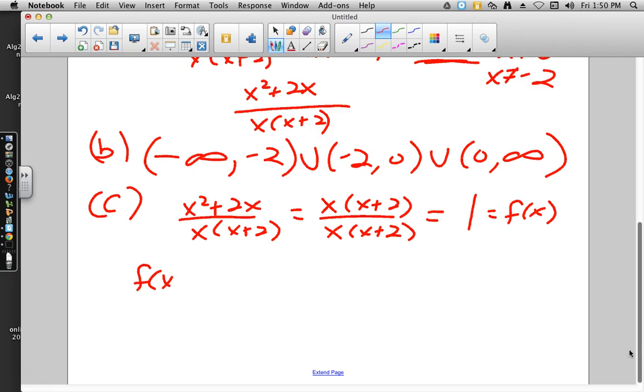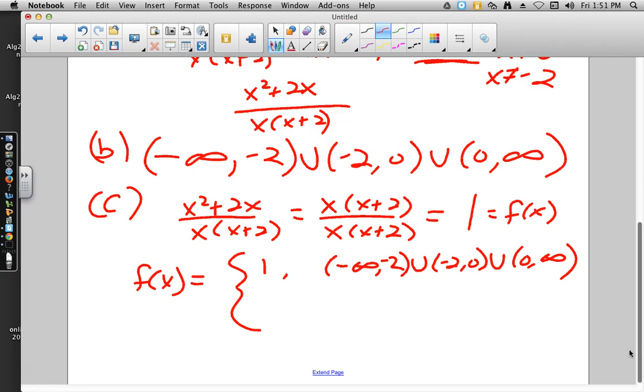So f of x equals, well, we just got done saying this will graph as 1, a horizontal line, but not all the time. So what we have to do is say it's going to graph as 1 on the interval negative infinity to negative 2, union with negative 2 to 0, union with 0 to infinity. But it will be undefined for x equals negative 2 or 0.